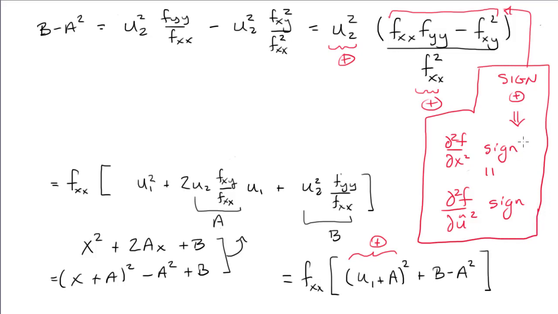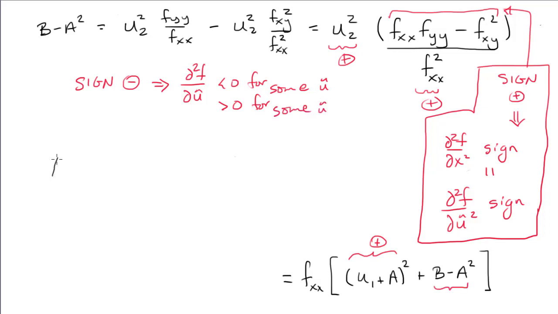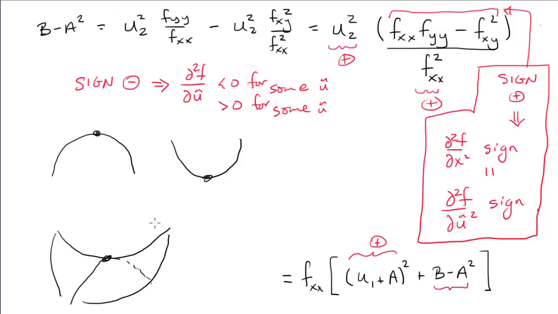If the sign of that term we're looking at is negative, then for some u, the term in brackets is negative, and for some u, that term in brackets is positive. So for some directions it has a maximum shape, and for some directions it has a minimum shape. Putting those together at the critical point, the shape is a Pringles potato chip shape. Or, because calculus is old, it's a saddle point.